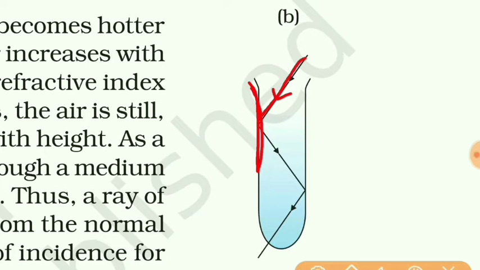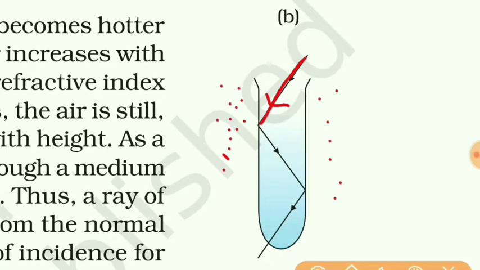We know that this glass has more density than the water. But after the glass this is the air medium. So when this ray was traveling in the water, the medium inside is denser and outside is rarer.